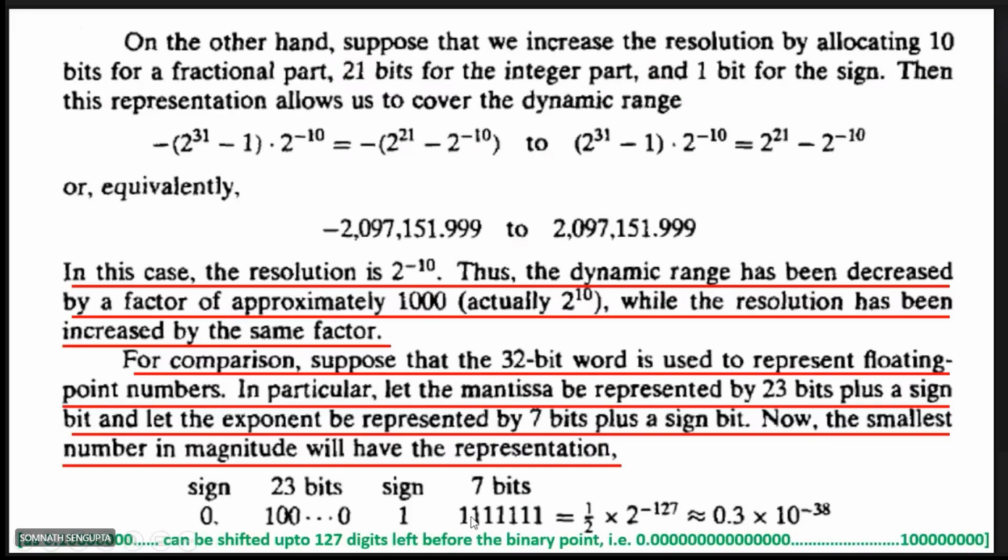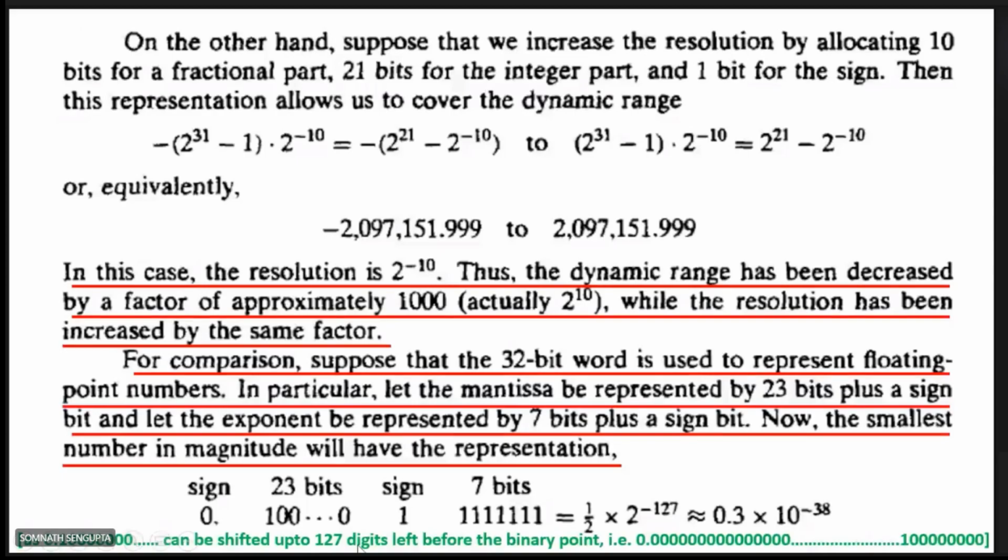So all 1s in 7 bits represent the number 127 in decimal, and this sign represents minus 127. So that means there will be a left shift of the binary point by 127 digits.